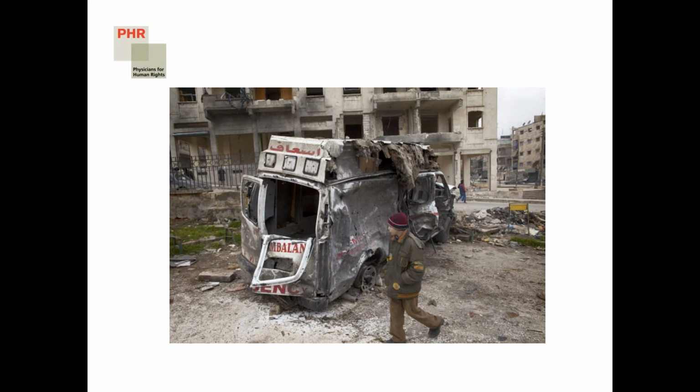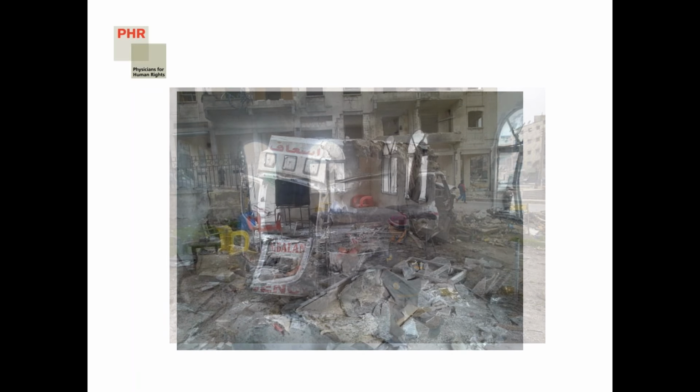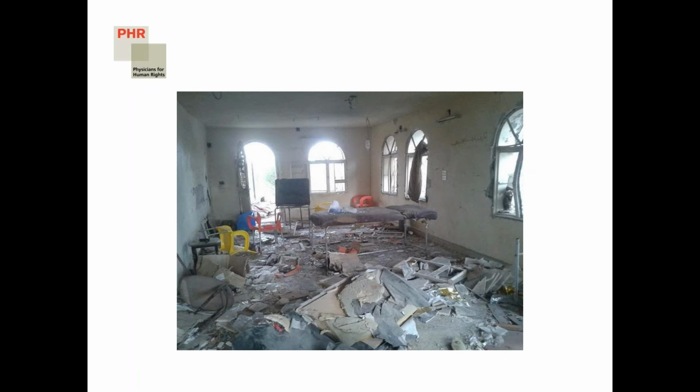So we started hearing these reports, and it was clear that this was happening at a large scale in Syria, but nobody really knew how frequently this was happening or in what areas, or really the scope or the scale of these attacks. And so as the conflict went on, we then started hearing more reports of attacks on hospitals, shelling on hospitals, bombing, more detention and torture of doctors, and targeted killings of doctors.